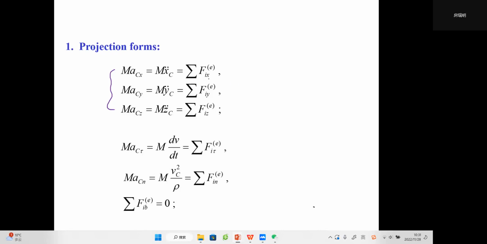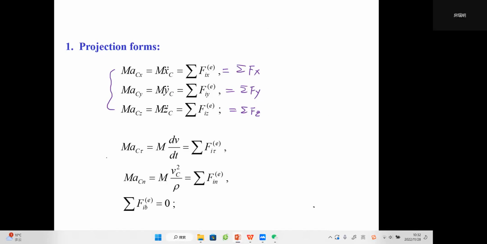That is sigma Fx, sigma Fy, and sigma Fz, to denote this for simplification, right?